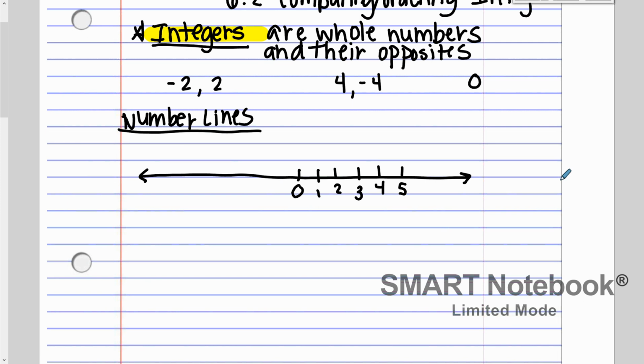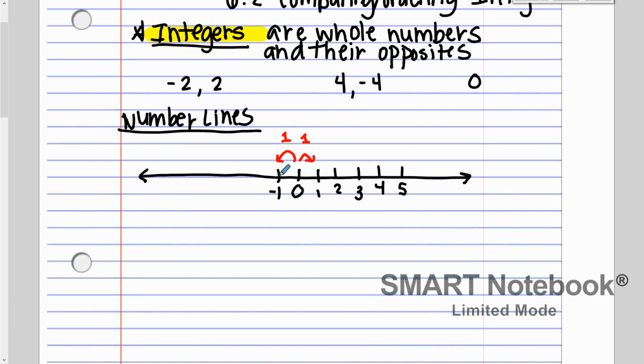Now the way the negative side of a number line works is that this first tick mark is going to be -1, because remember opposites are the same distance from 0. So to go from 0 to 1 is 1 space. So to go from 0 to -1, that also needs to be 1 space. To go from 0 to 2, that's 2 spaces.